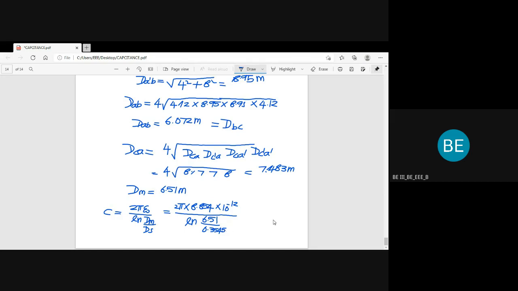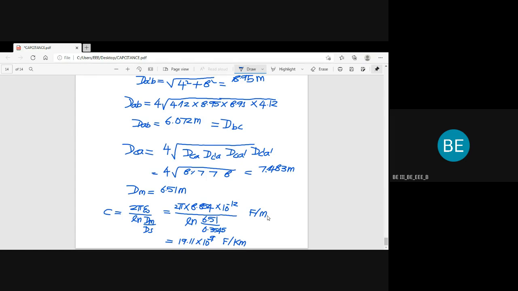So whatever answer you get in the calculator will be in terms of meter. So convert that into per kilometer.